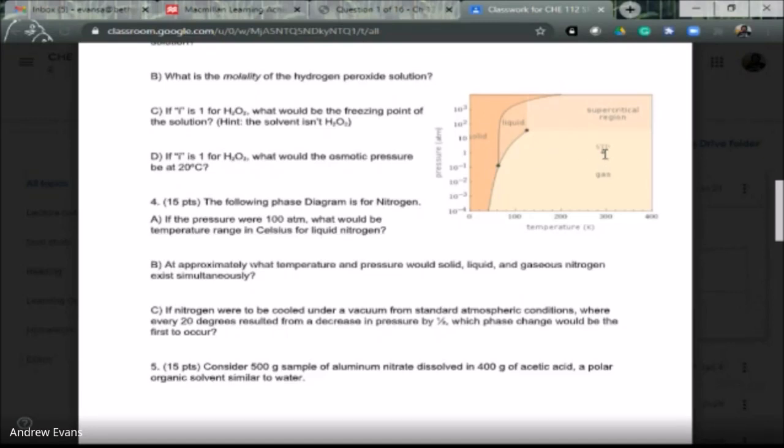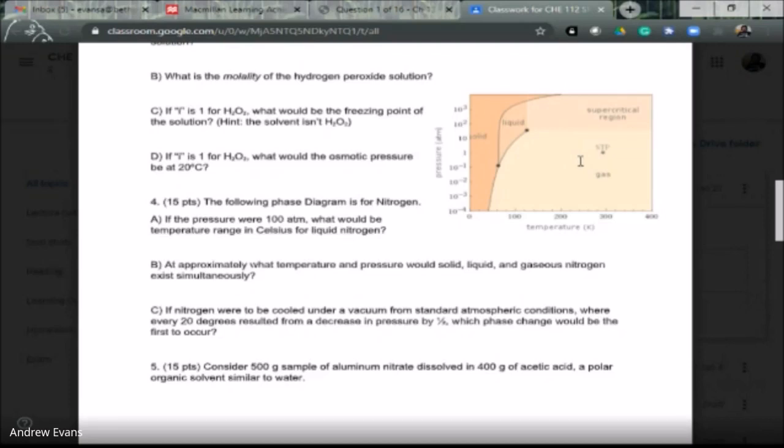Every 20 degrees we drop, we're going to lose half of the pressure. So we go from 1 atmosphere to a half, then a half down to 0.25, and then from 0.25 to 0.125. And so that would be a loss of 60 degrees.